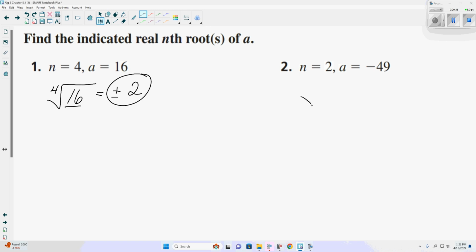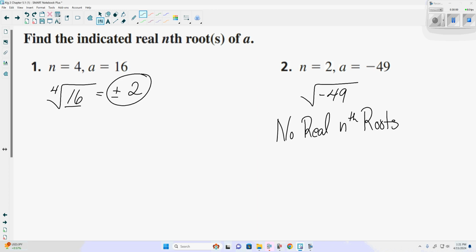Let's look at the next one. So the number inside is negative 49. Our index is 2. Since our n value is even, and the number inside is negative, we have no real nth roots.